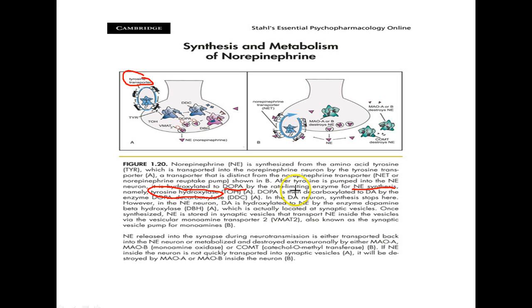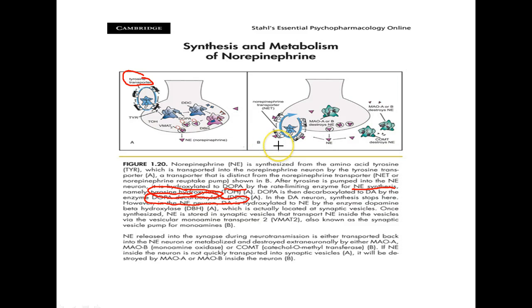And then dopa is finally decarboxylated to dopamine by the enzyme dopa decarboxylase, DDC for short. And ultimately, in the dopamine neuron, synthesis stops over here. However, in a norepinephrine neuron, dopamine is hydroxylated to norepinephrine, so it continues down the cascade.